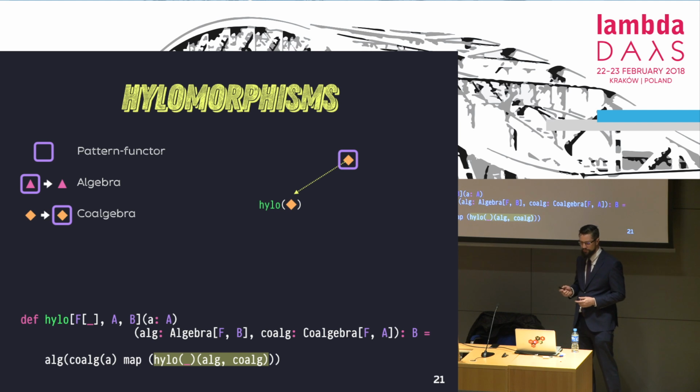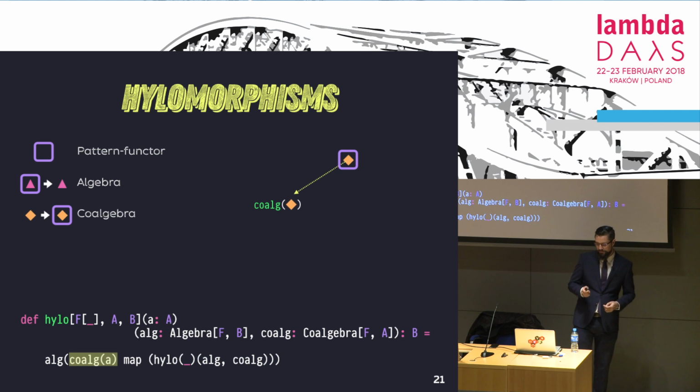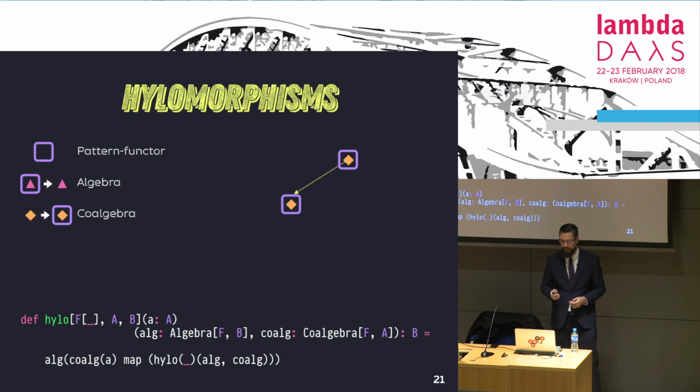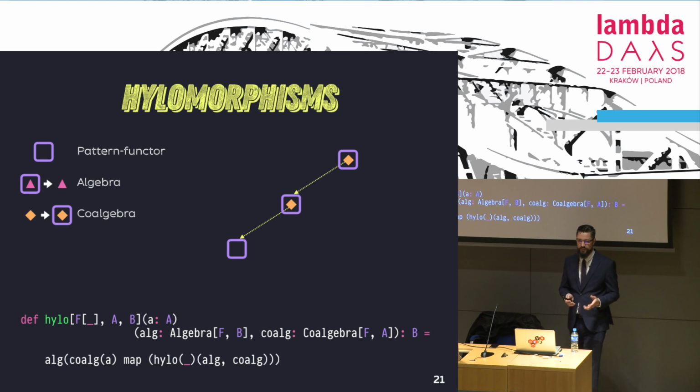And so again, we have to call our coalgebra on it, which produces an f of A. And so we can map over it, and again, call hylo, which calls the coalgebra and produces an f of A. But this time, I've decided it's a leaf, so there is no more element inside this f of A. So when I map over it, the function hylo isn't called, but it returns immediately an f of B.